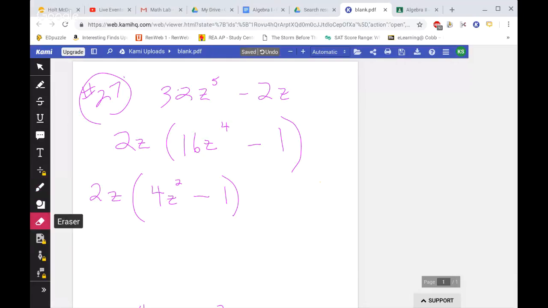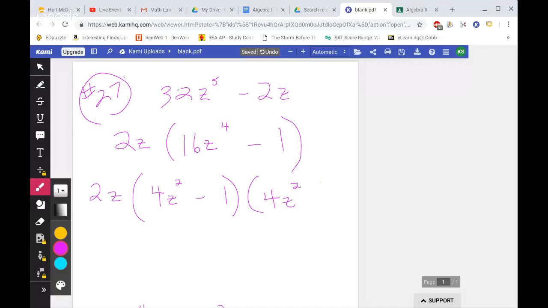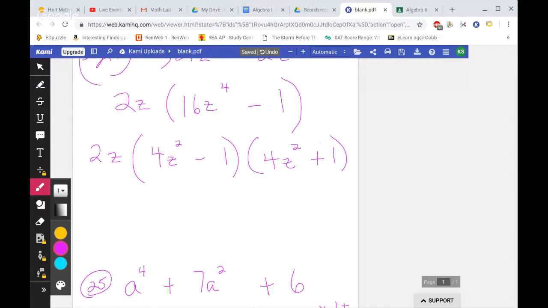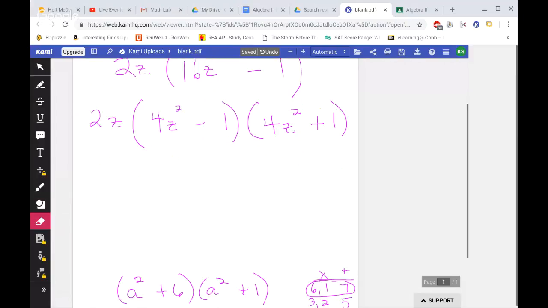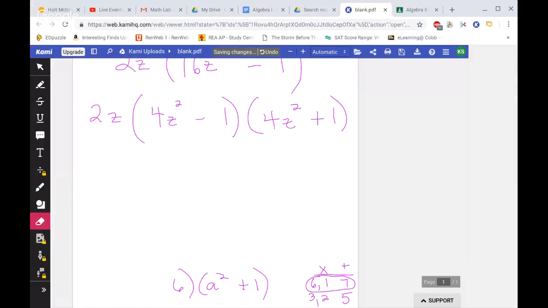So that's the difference of two squares right there. And we have it again. When you look at 4z squared minus 1, that also is the difference of two squares.